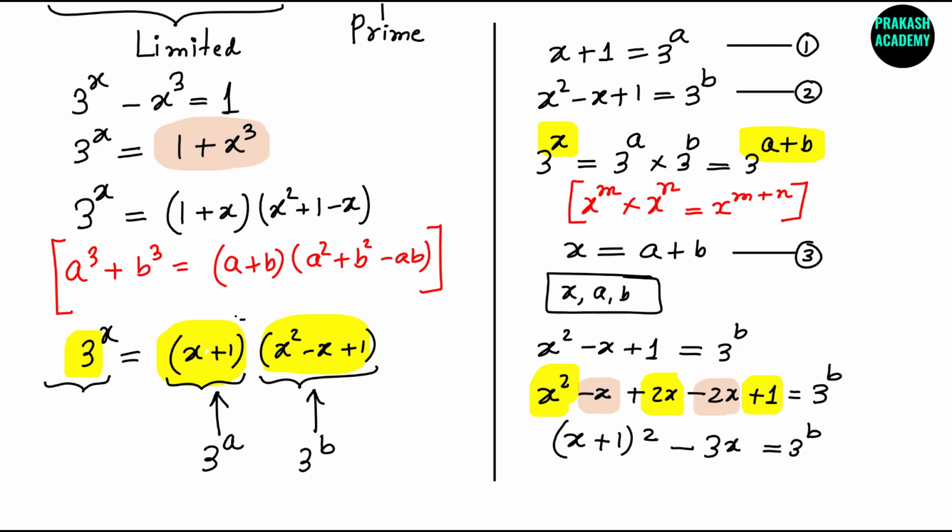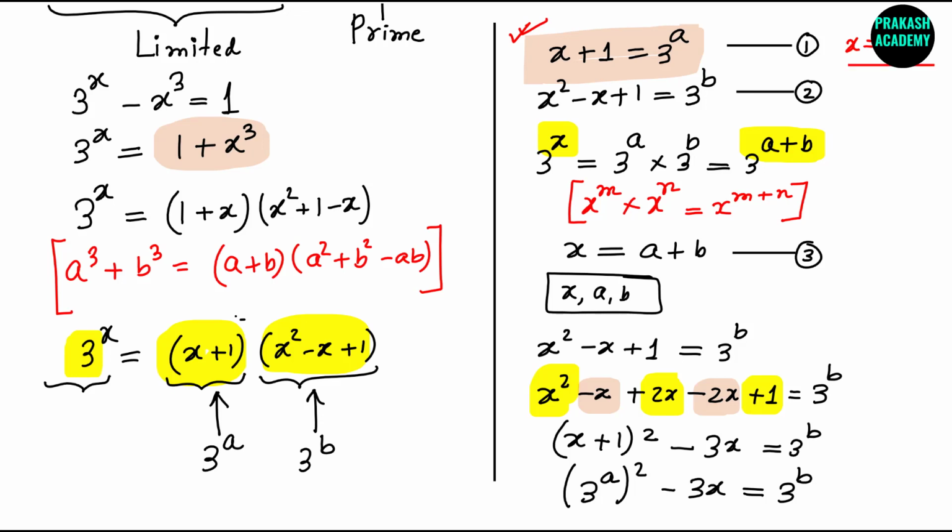And x plus 1 is what? x plus 1 is 3 raised to the power a. So you see here, x plus 1 is 3 raised to the power a. So 3 raised to the power a whole square minus 3x is equal to 3 raised to the power b. And from equation number 1, we can also write x is equal to 3 raised to the power a minus 1.